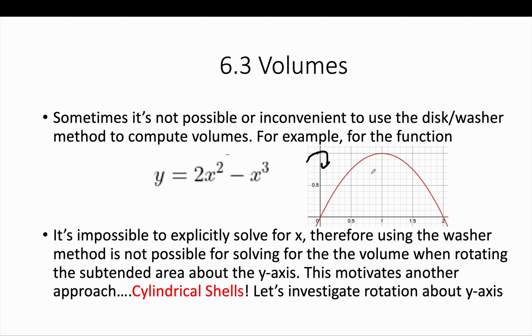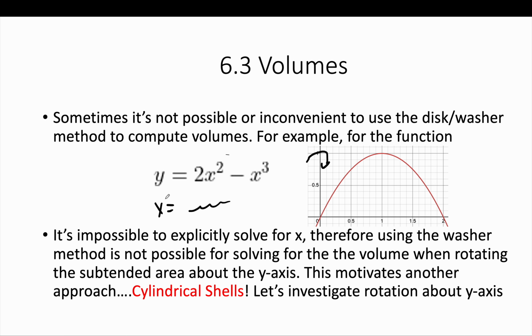Traditionally, we could try to use the washer method, but that would need us to write x as some kind of function of y. But because this equation cannot be solved explicitly for x, this is an implicit equation.